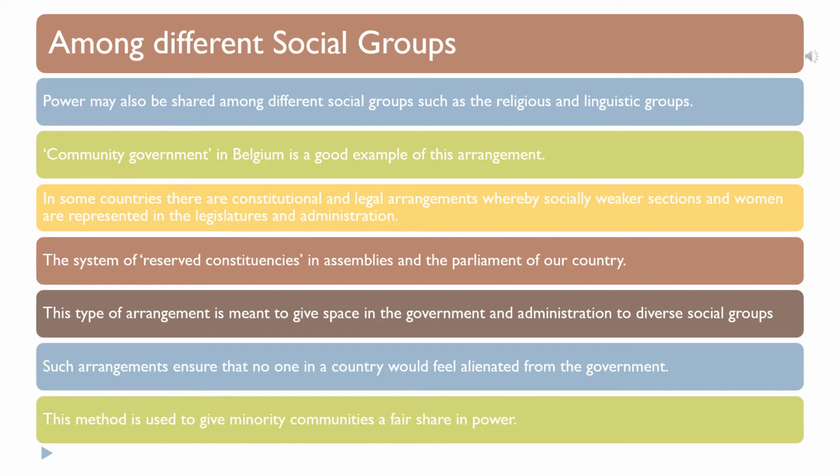Like in Sri Lanka, you have seen that Tamils felt separated because power was not shared in Sri Lanka. This method is used to give minority communities a fair share in power. So it gives a fair share in power to the different social groups.